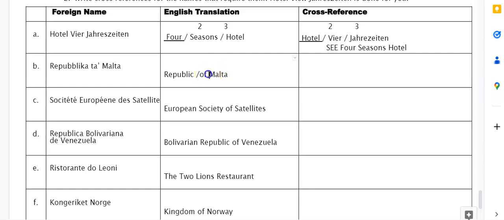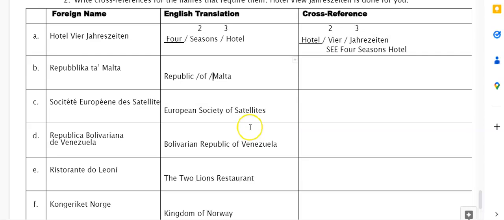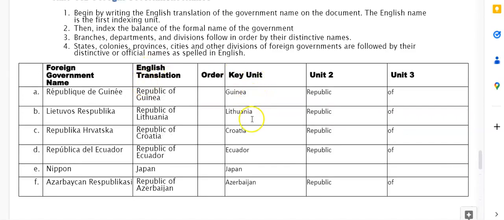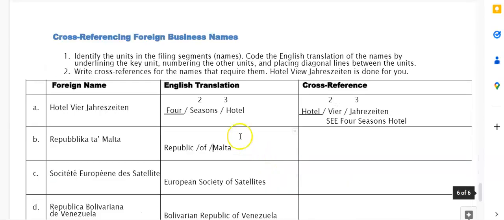And so if I separate these, so the name of the republic, just like how we did here, is going to be our key unit. So Malta is our key unit. Then we have republic, and then unit 3 is of.